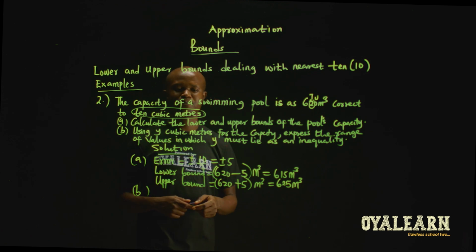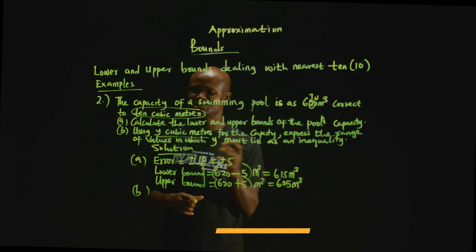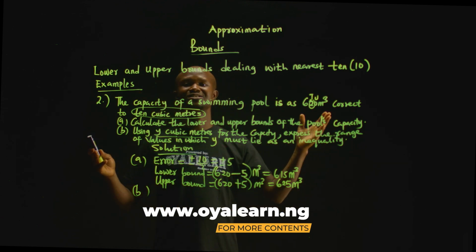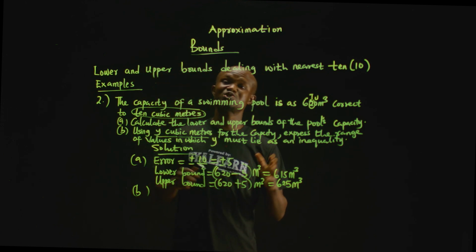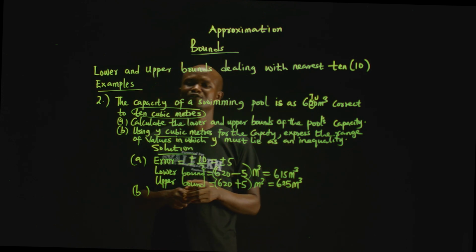Using Y cubic meter, very important, for the capacity, express a range of values in which Y must lie as an inequality. This simply means we should express the range of actual values for the capacity of the pool.